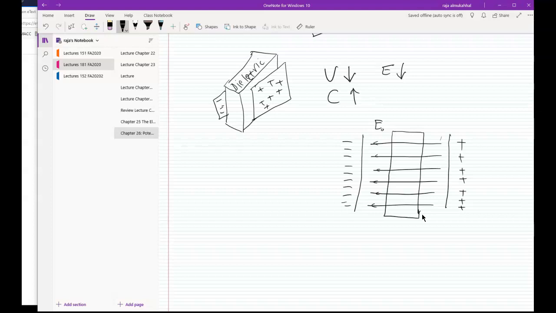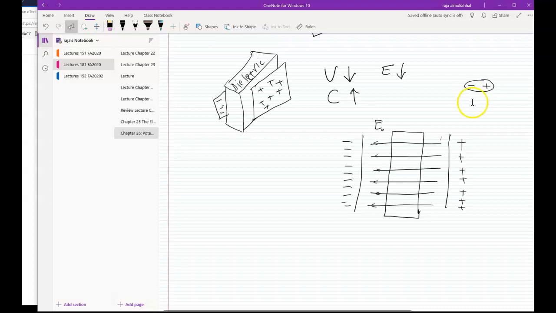Now, as you know, we can think of molecules as a dipole. Here's a molecule. One side of the molecule is negative and the other side is positive. This insulating material has all these molecules. When I insert this insulating material into the electric field, what's going to happen to the dipoles? They will start orienting themselves in the direction of the field.